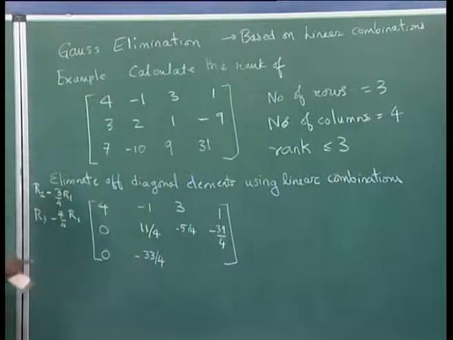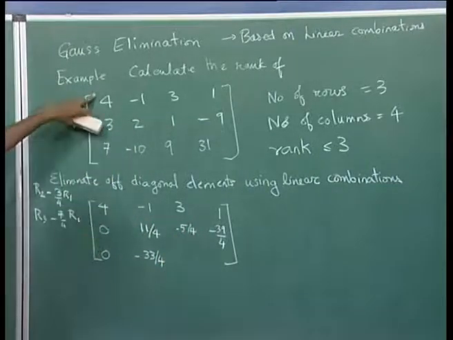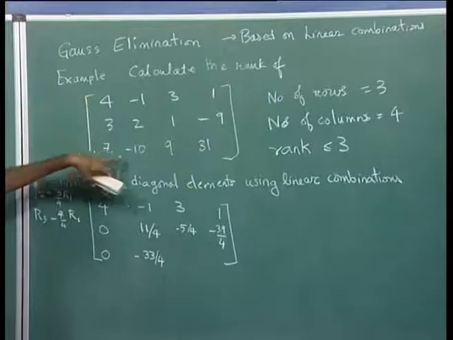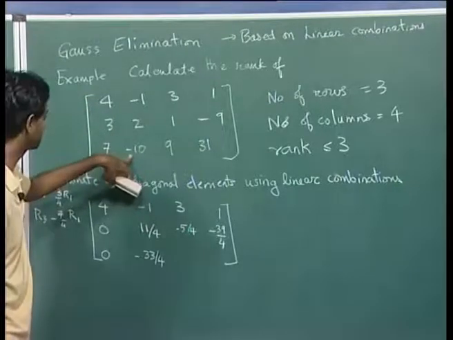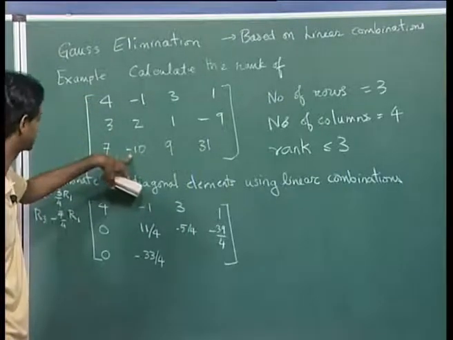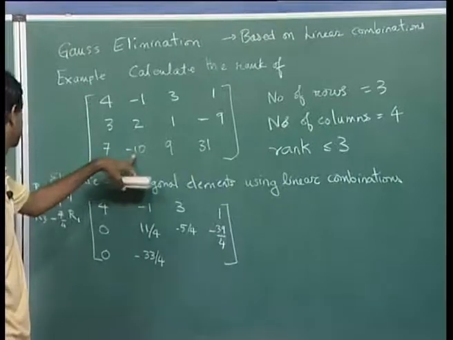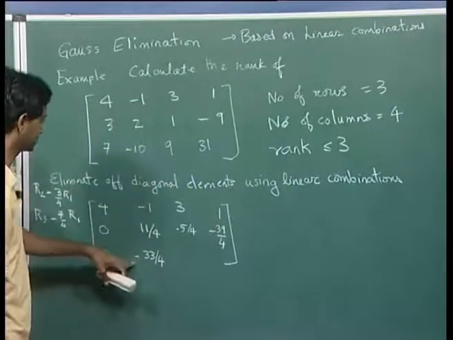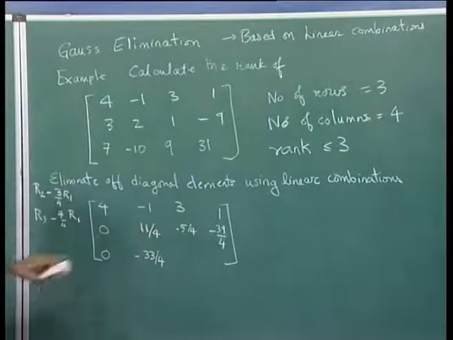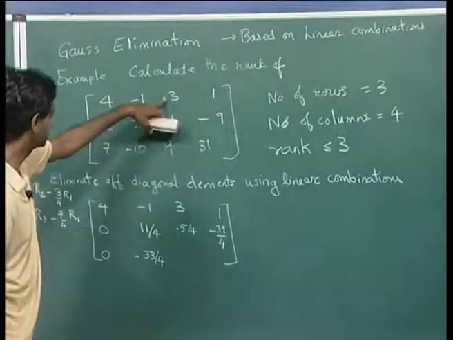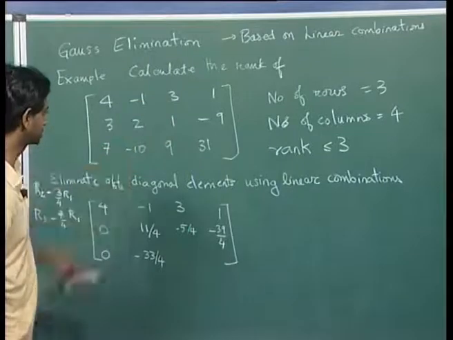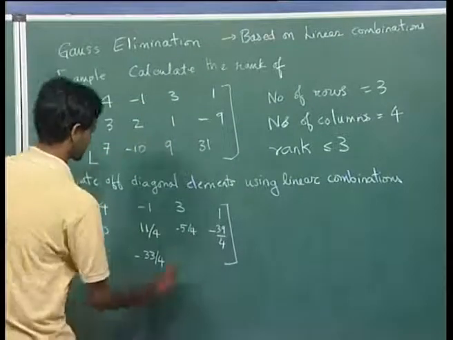Now, in this case minus 7/4 of this gives you 0, minus 10 minus 7 by 4 into minus 1. So that is minus 10 plus 7 by 4, that is minus 33 by 4. Then 9 minus 3 into 7, 21 by 4, that is 15 by 4.